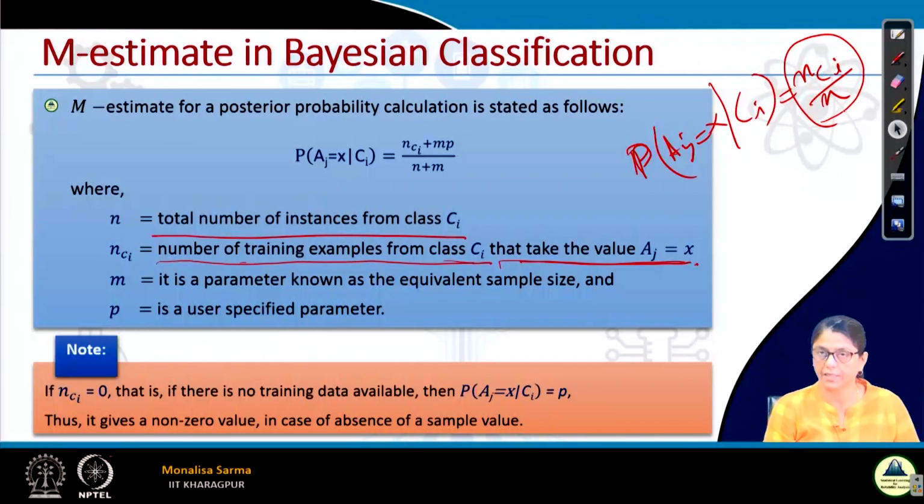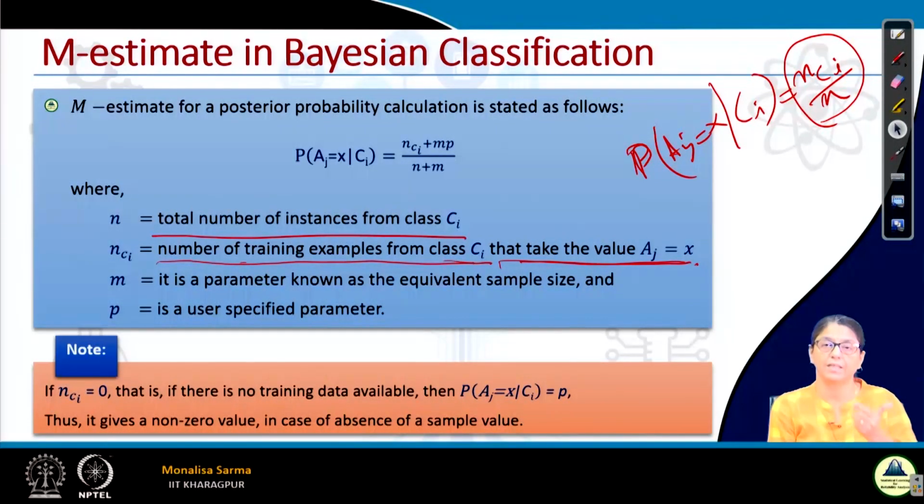But sometimes, if we don't take enough data and my data is poor, two things can happen. One is that maybe there is no representation from a class at all, which is very bad data. If there is no representation from a class at all, then I definitely cannot classify into that class.